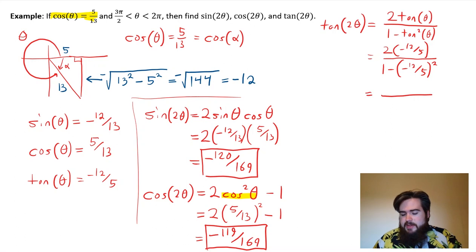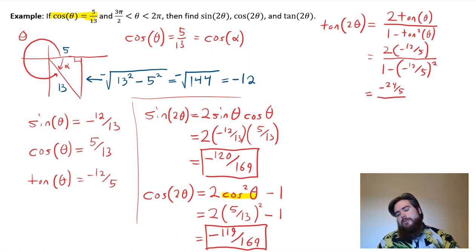If we simplify this, in the numerator we'll get negative 24 out of 5. And in the denominator we'll get 144 divided by 25 subtracted from 1. 25 minus 144 is negative 119 divided by 25.